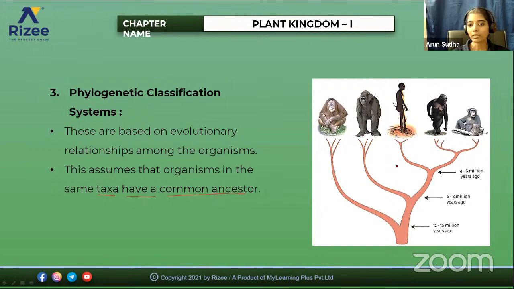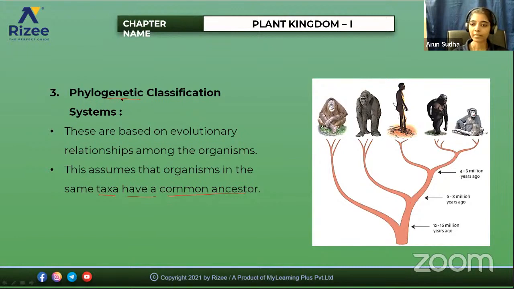All the organisms with the same taxa, in the sense the same rank, are derived from a common ancestor. From the common ancestor, they diverged. Based on that, they classified the organisms, and that is called phylogenetic. It is based on the genetical differences, or the differences in the nucleic acid.